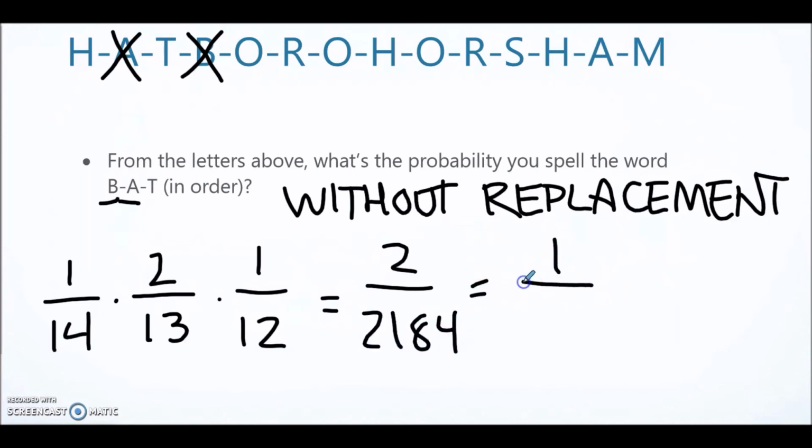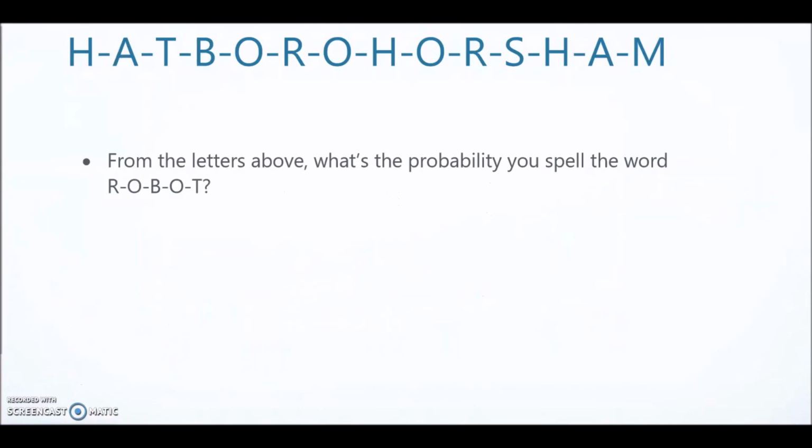That reduces to 1 over 1,092. And if we do that on a calculator so we can get a decimal, again, really small zeros, so let's not mess with it. So this is without replacement. Our total number decreases because as we pull one out, there's one less.